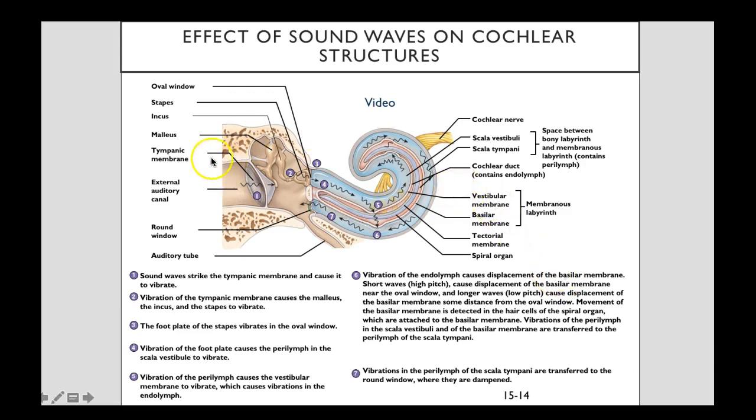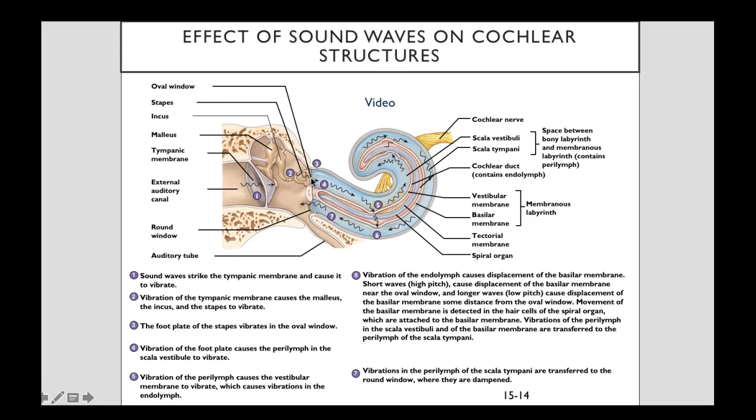So here's our outer ear. This would be our external auditory canal where sound is entering. That causes a vibration to be created within our tympanic membrane. That's transmitted over to our malleus, our incus, and our stapes, which pushes against the oval window.